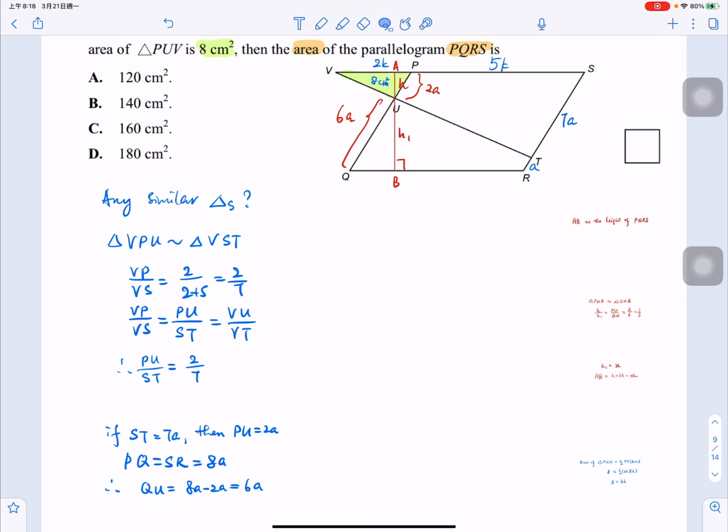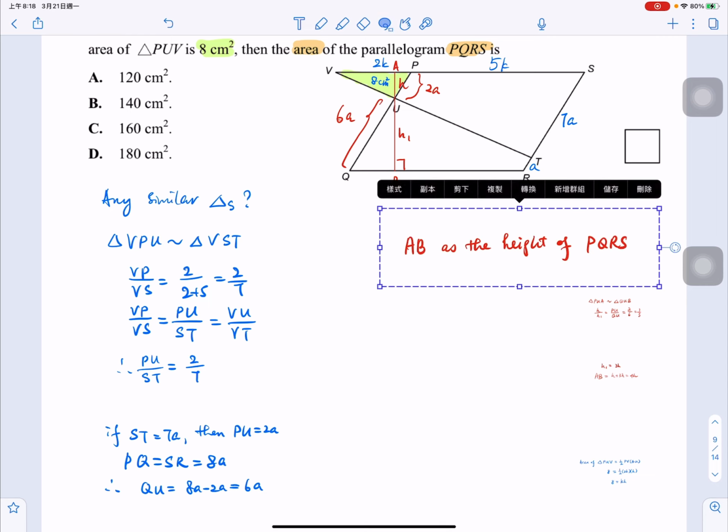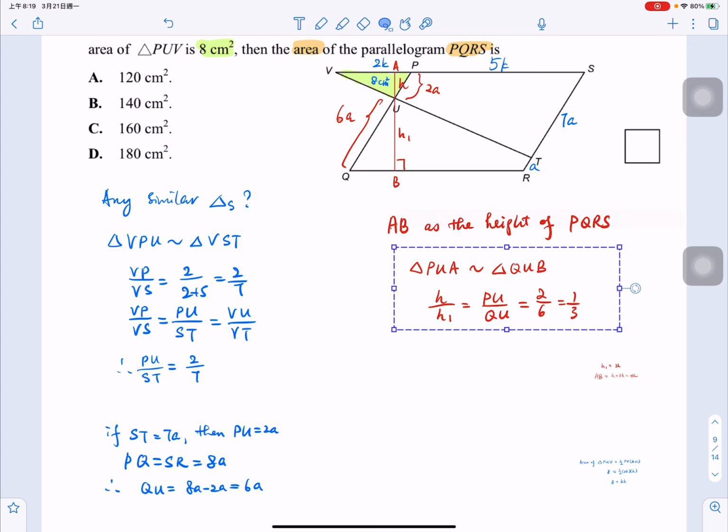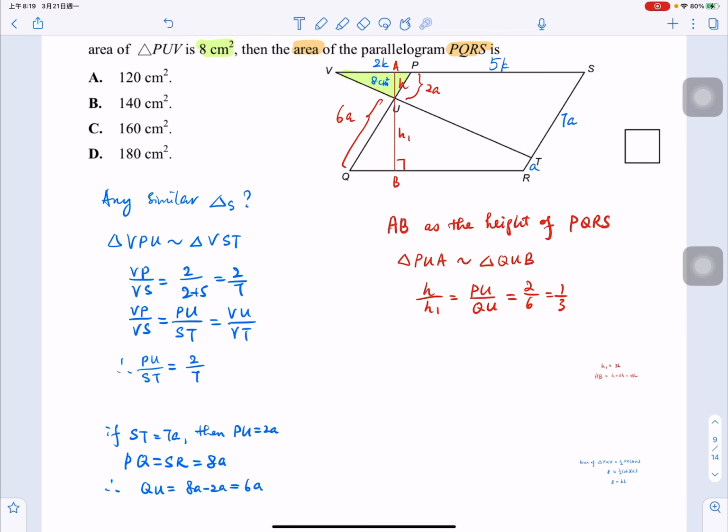So let's see. If we let AB be the height of the parallelogram and use these two similar triangles, PAU similar to QBU, PUA and QUB, then H and H1 will have the same ratio, 2 to 6.